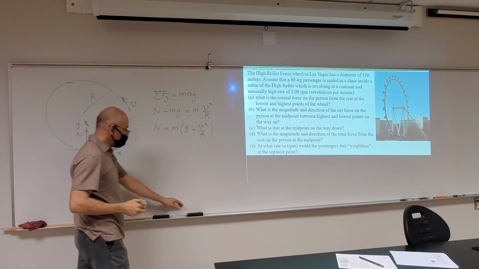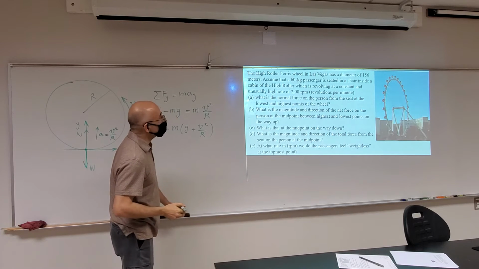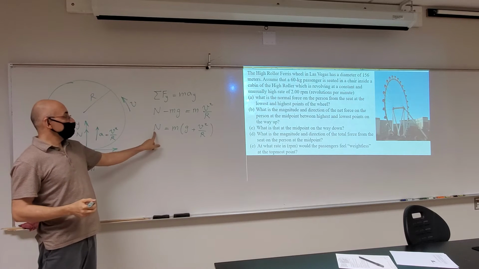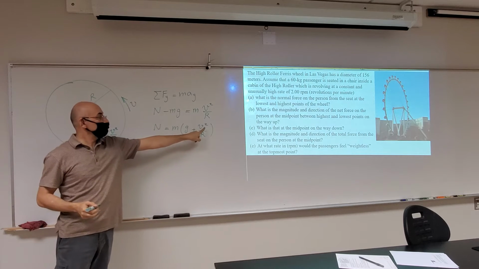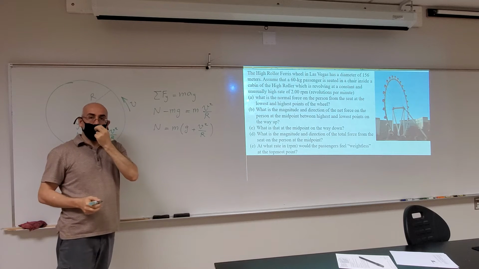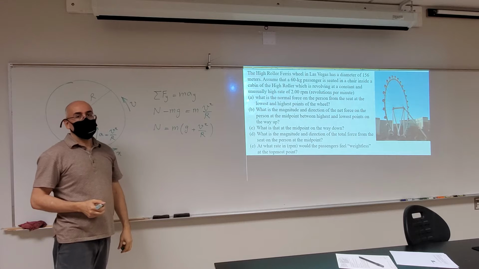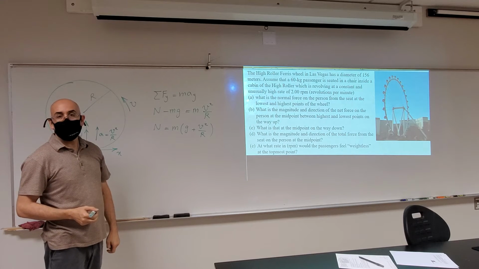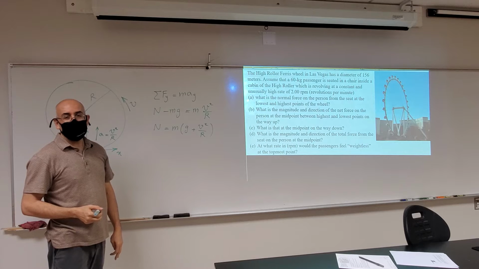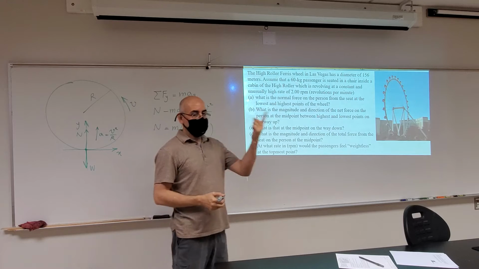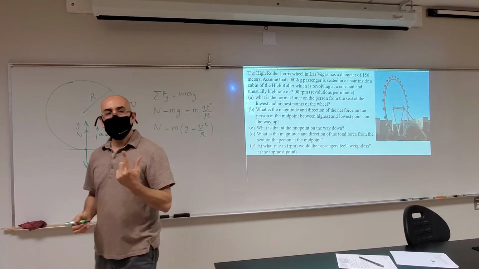But what is r? What is v? It's going at 2 RPM. If you want to find normal force, we need to find v. We have r, we have g, we have m. What is v in this case? The speed. What does 2 RPM mean? 2 revolutions per minute. 2 revolutions per 1 minute, right?